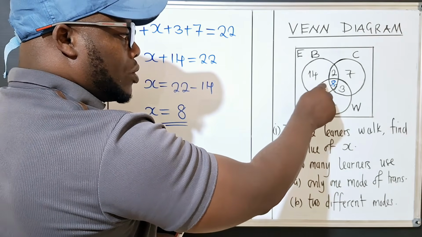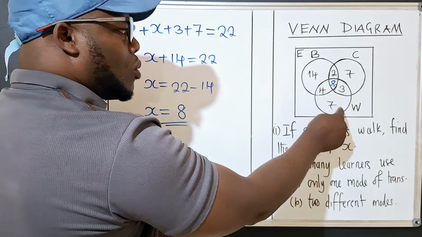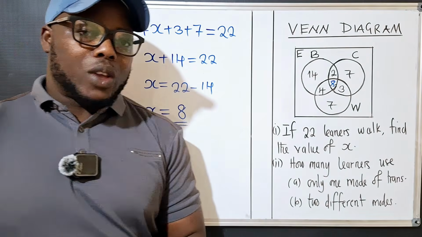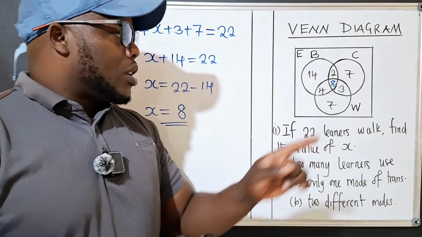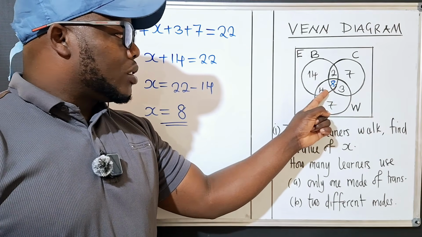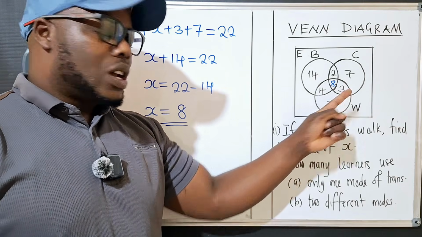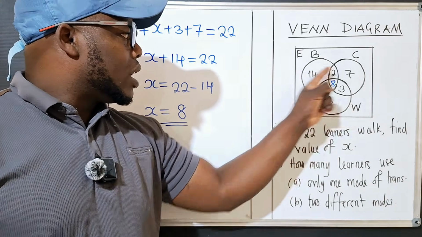This region is 2, this region is 2, this one is 2. This is one activity. The intersection of all the sets is here. The intersection of 2 sets is here, here, and here, while one set only is here, here, and here.